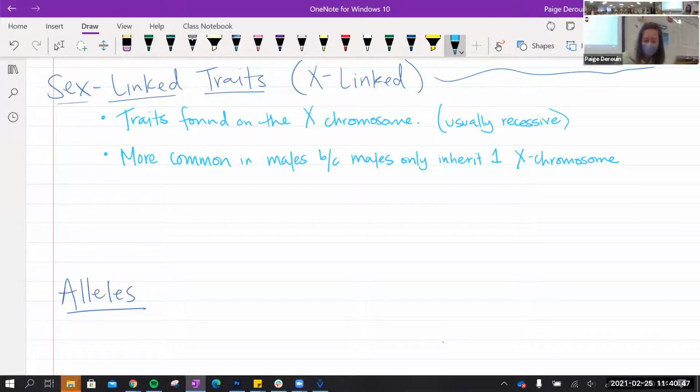Okay. Some examples of these. Does anyone know one? Yeah, color blindness, which is the red-green color blindness. There are many types, but red-green is X-linked. Also hemophilia.